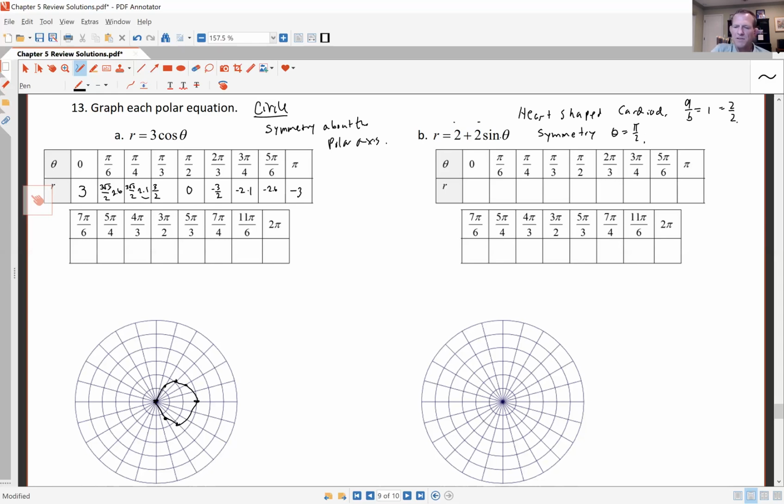So sine of 0 is 0 times 2 is 0. We get 2. Sine of 30 is 1/2. 1/2 of 2 is 1 plus 2 makes 3. Sine of pi over 4 is root 2 over 2. The 2's cancel. We have 2 plus root 2. And that's around 1.4 plus 2 is 3.4.